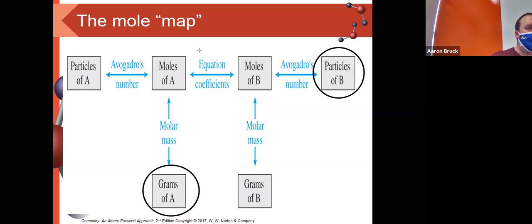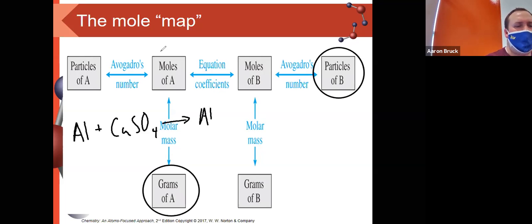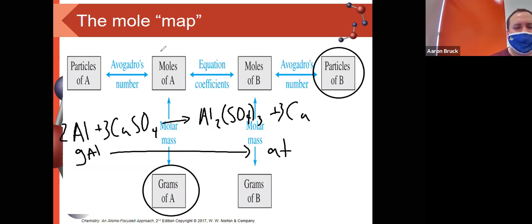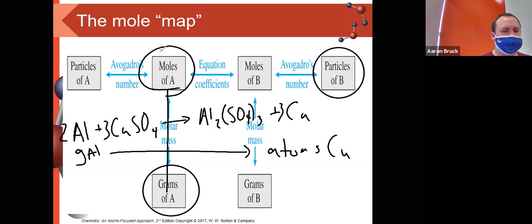Well, if I have a balanced chemical equation in tow, all I need to do to turn those grams of aluminum into atoms of copper is turn the grams into moles. We know how to do that. We did those calculations in chapter 2.